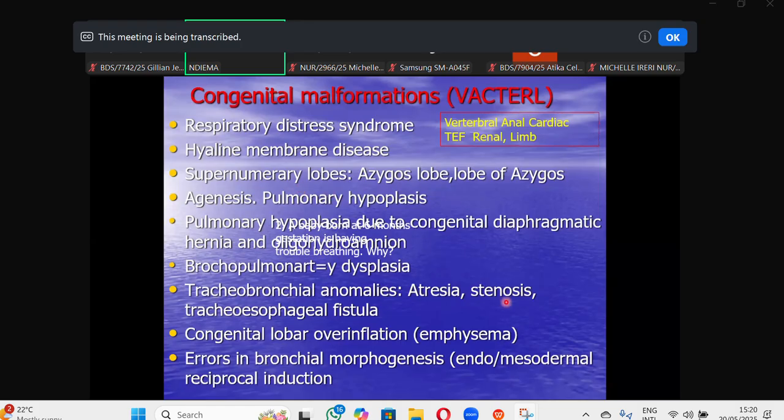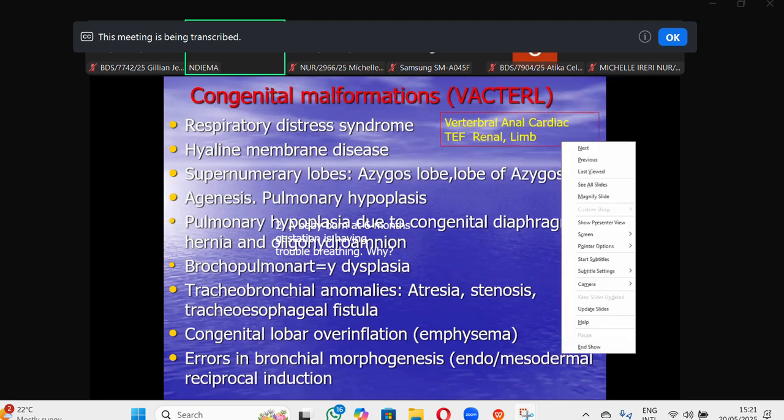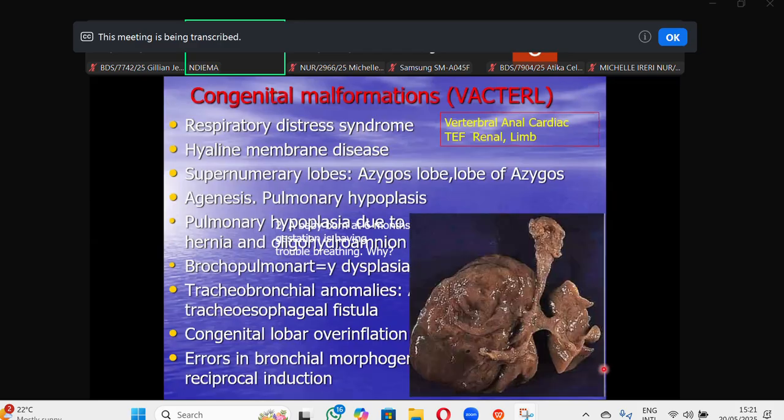The endoderm will in turn induce the mesoderm, for example, to develop blood vessels and so on. So these are congenital malformations in the development of the respiratory system.